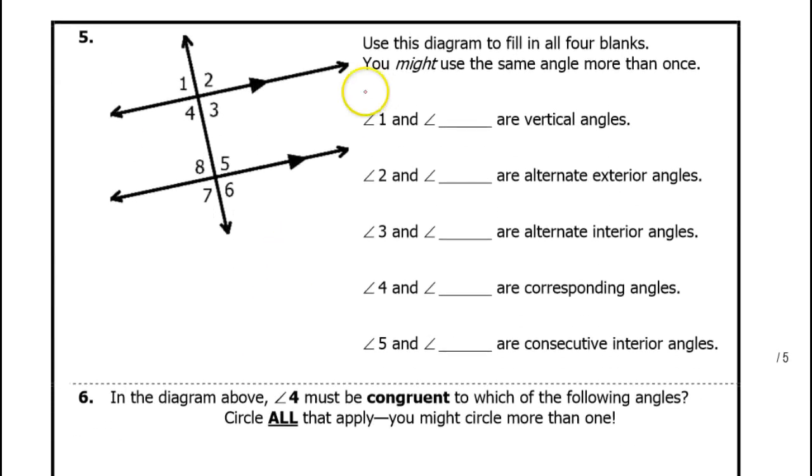Alright, number 5. We're naming things. So we want vertical angles. Okay, so angle 1 and angle 3 are what you call vertical angles. So angle 1 and angle 3.